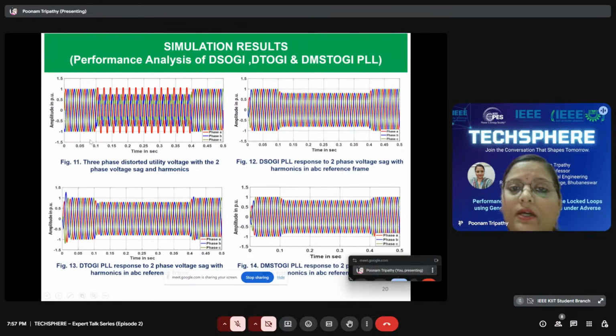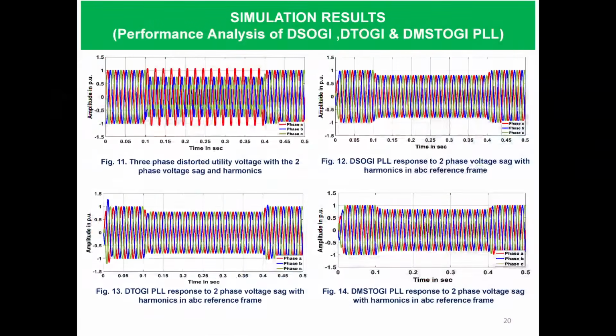Whereas the actual operating grid condition, that is 1 per unit with 50 Hz, has been maintained for the rest of the time, that is 0 to 0.1 second, and after the grid disturbance, that is 0.4 to 0.5 second.